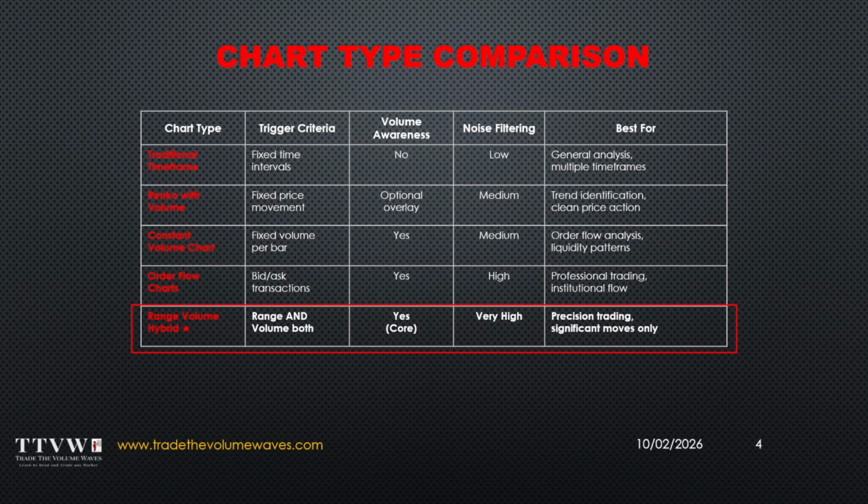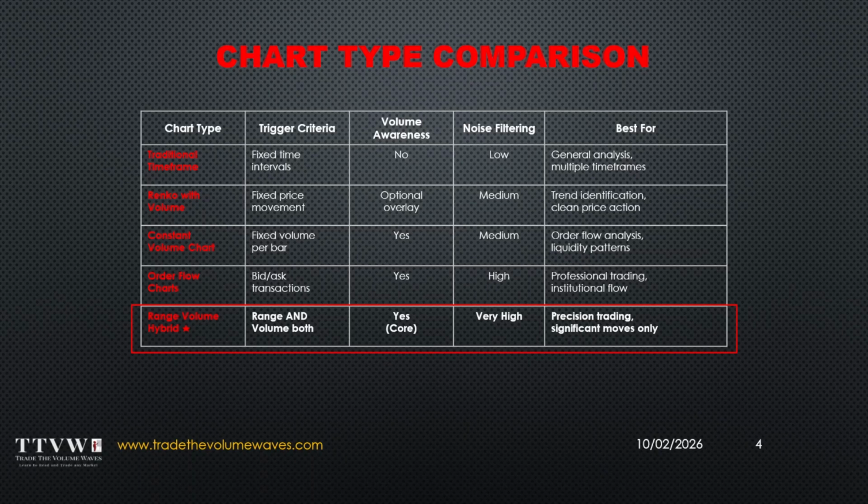So let's do some chart type comparison. Up to now, apart from order flow charts, which you get only when you have real volume and transactions coming in from your broker, which is not happening in many brokers and is not happening in Forex, plus you have to pay for it.